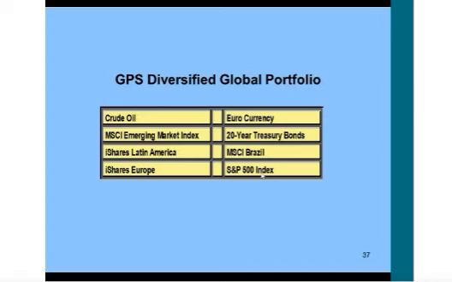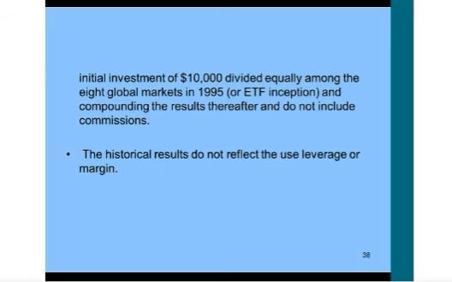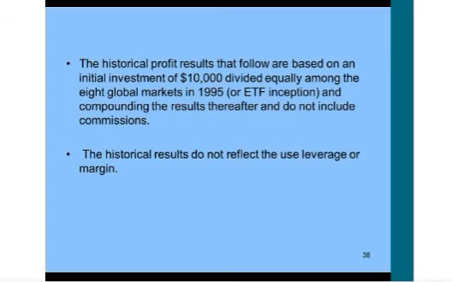So what I'm trying to do here is show you that these historical tests occurred, and there were 2 bear markets during this time period, and the GPS system was very profitable despite these 2 bear markets because it takes short positions.